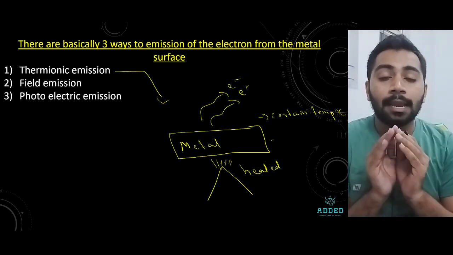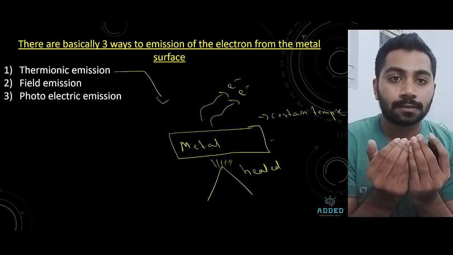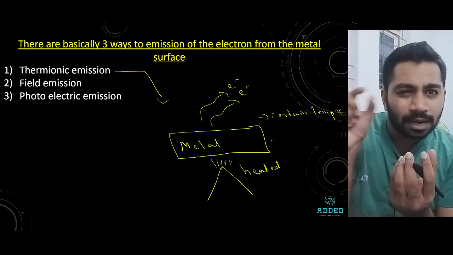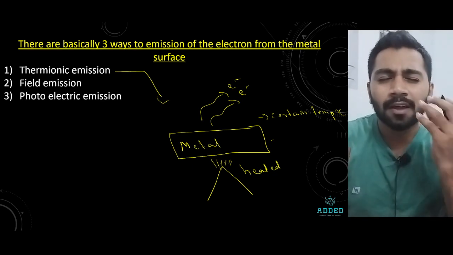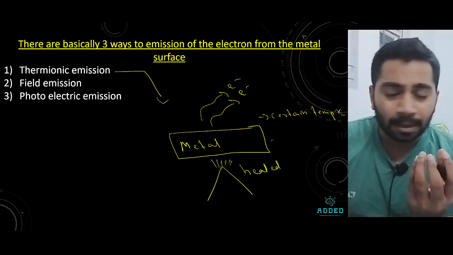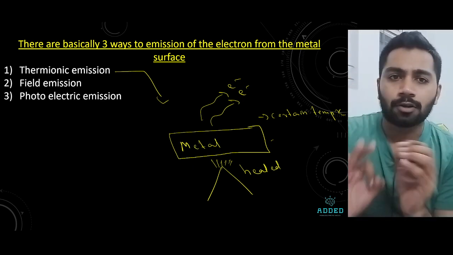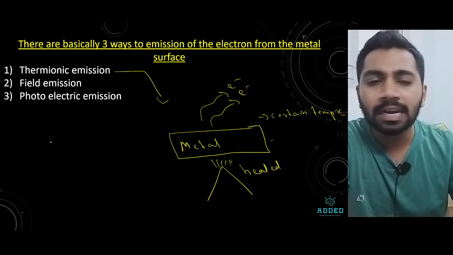Very simple. Metal is made up of atoms. When you heat it, the outer valence electrons escape outside. It is called thermal emission. When you give some heat to a metal, it will emit some electrons. That's all. Okay. Now field emission.